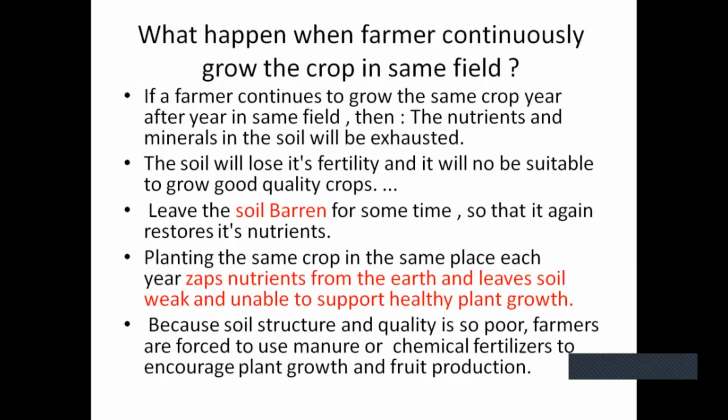From the soil. To grow, how many nutrients does the plant have to absorb? 15 nutrients. Now, what happens is the farmer is continuously growing crops in the field, one after another. And so what happens then?